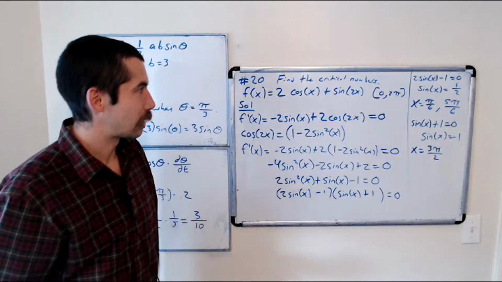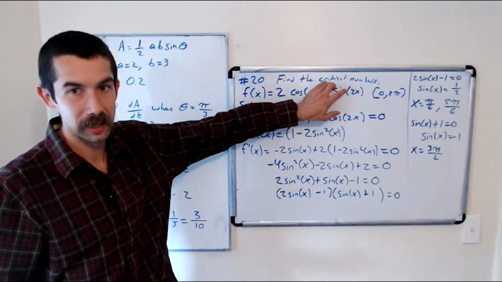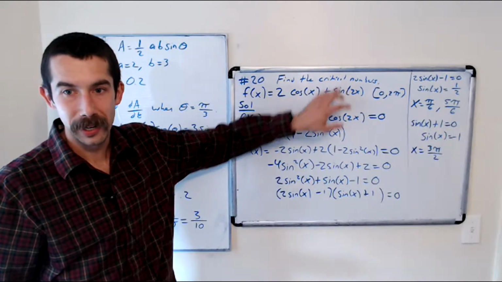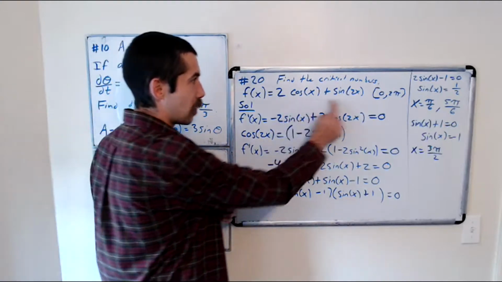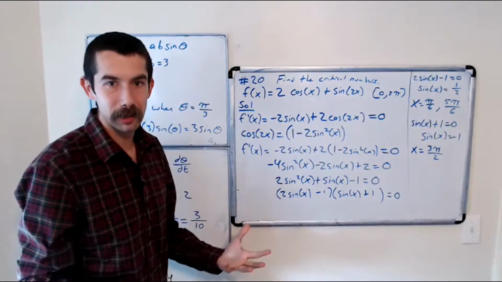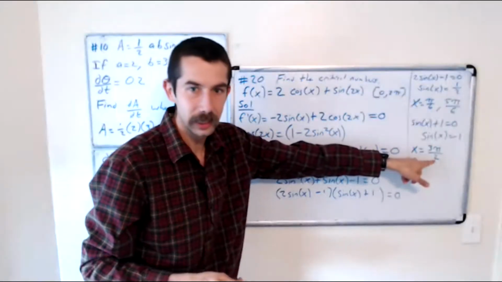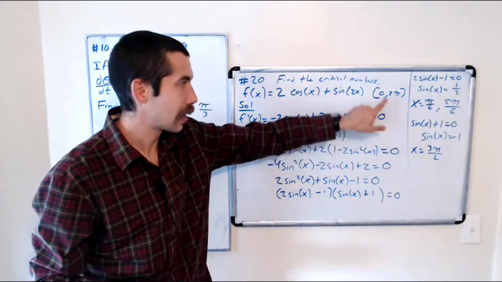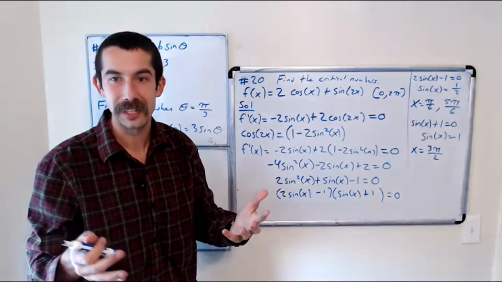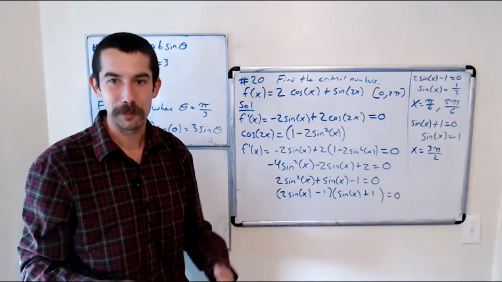Now, if I asked a question like, find the absolute max or absolute min values of this function, what you would do is find the critical numbers, 1, 2, 3, all of these, and then evaluate the function at the critical numbers and at the endpoints, and check which one's the biggest. That's your absolute maximum. Which one's the smallest?